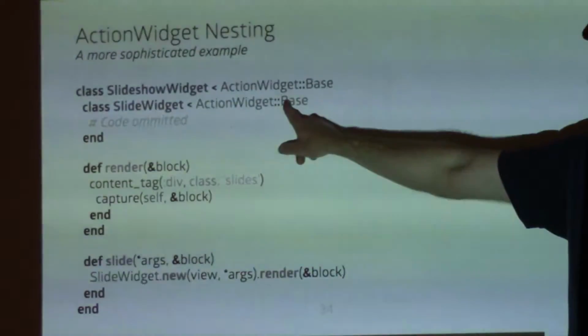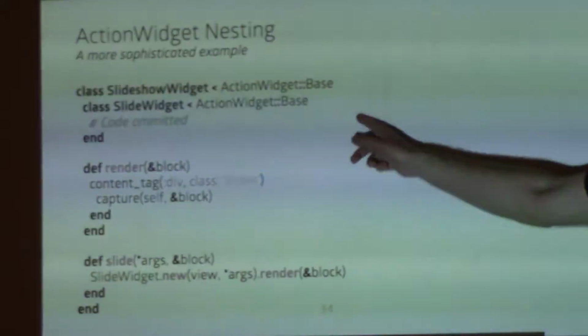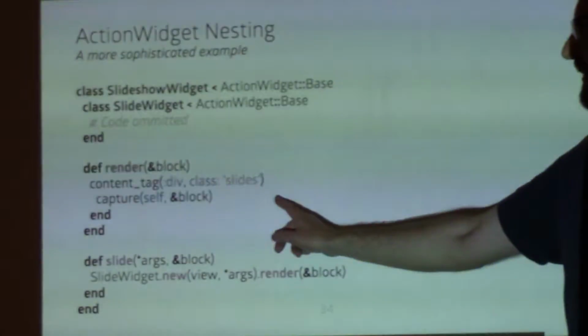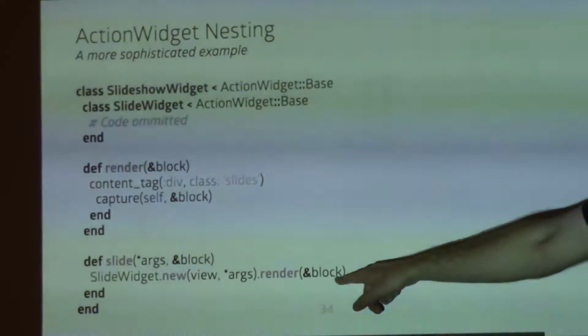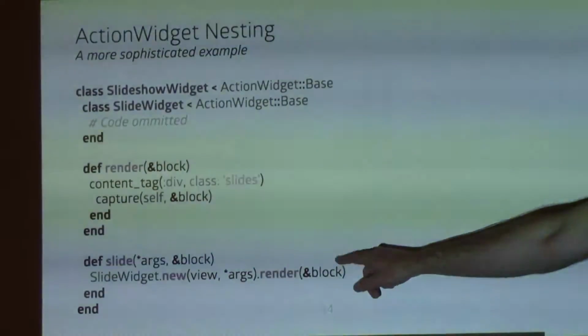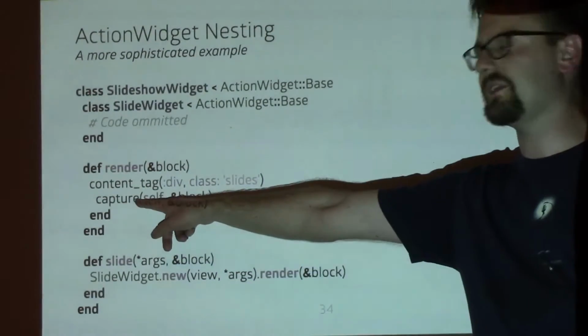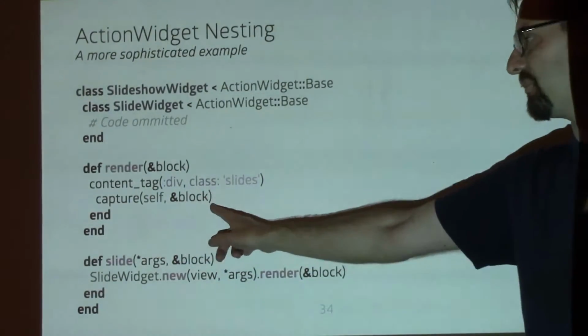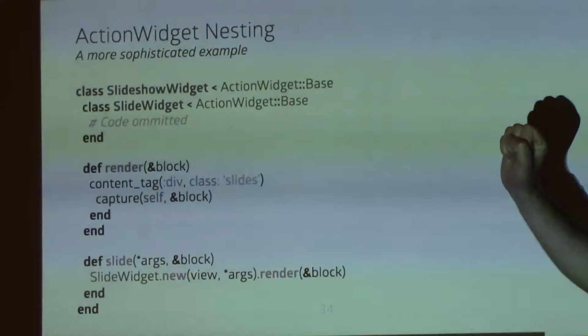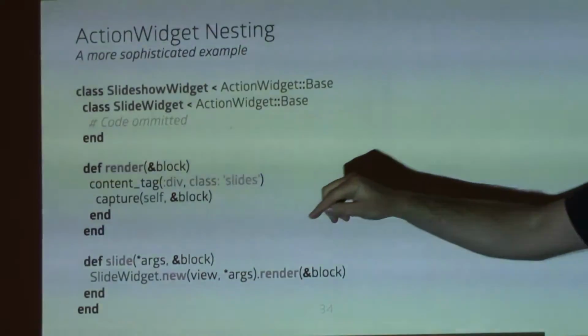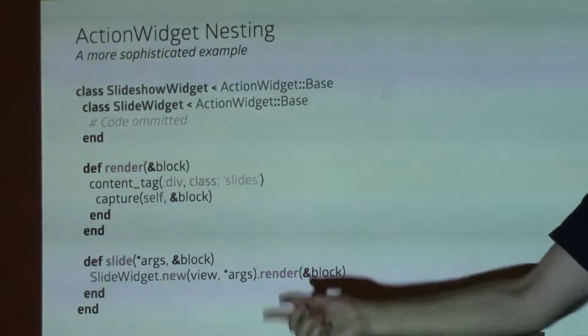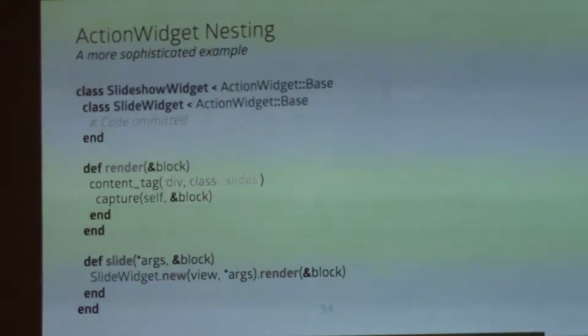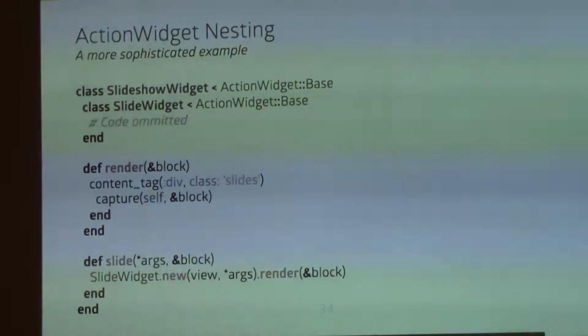And then the slide itself is a widget. So you can arbitrarily nest them, you can define as many public helper methods in your particular widget class as you like, and then just make sure that if you capture the block that is provided from your template, you pass in yourself, so you can make use of these helpers that are defined in this widget.